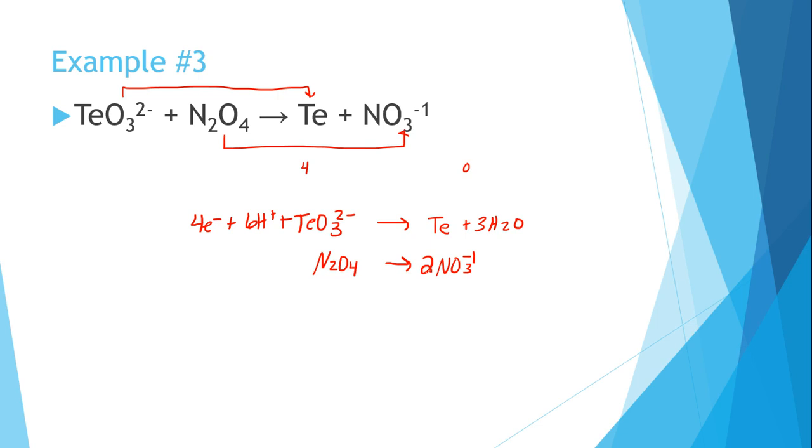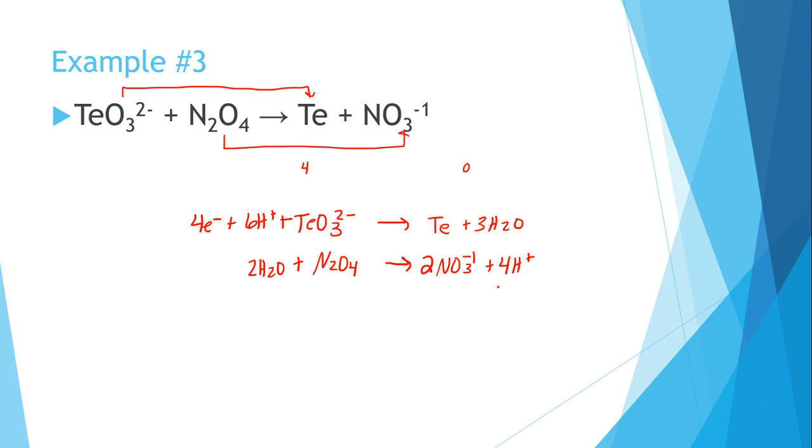Here I have 4 oxygen, but 2 times 3 gives me 6 on this side. So to get 2 more oxygen, because 6 minus 4 is 2, I'm going to add 2 waters only. That gives me 6 oxygen on the left and 6 oxygen on the right. Because I only added 2 waters, I only need to balance out 4 hydrogens, so that's what we did.